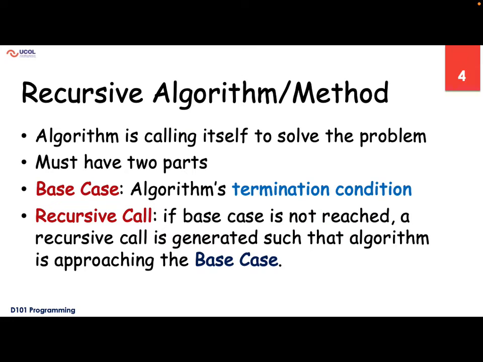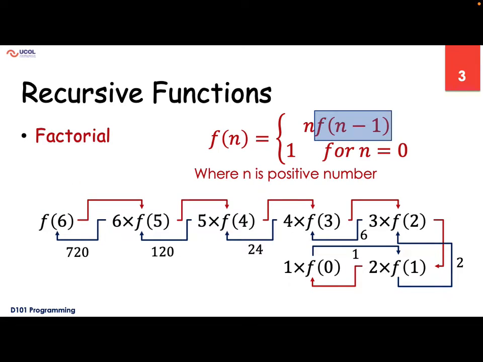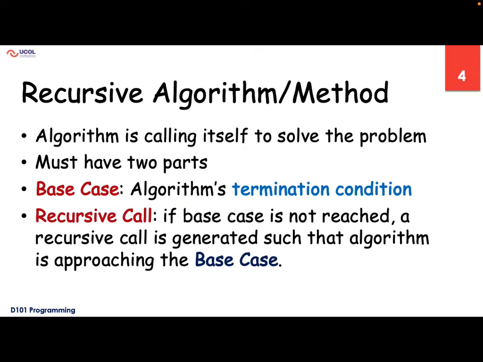Okay. So, the algorithm is calling itself to solve the problem. The function is calling itself to solve the problem, and that is called recursion or recursive methods or recursive algorithms. When a method is calling itself, we call it a recursion or call that particular specific method a recursive method.